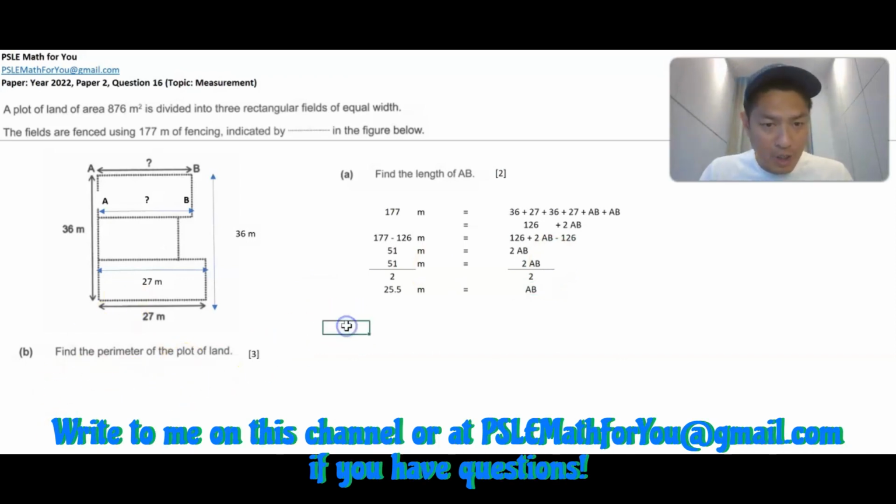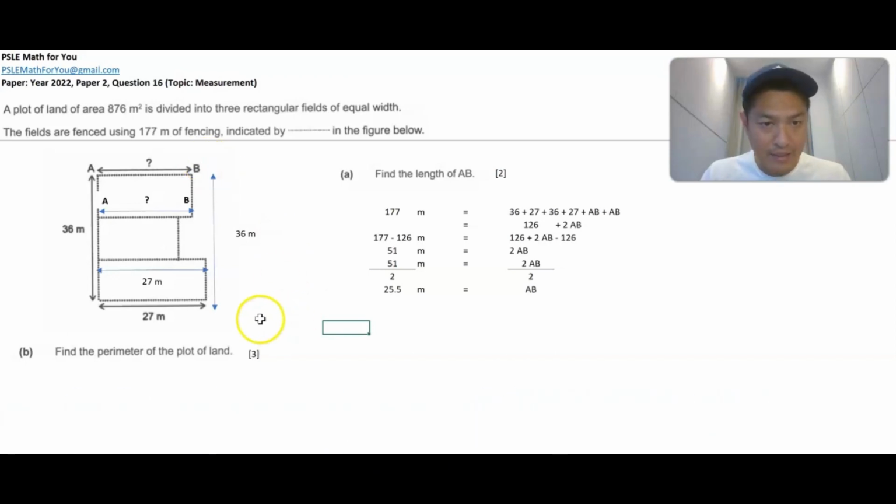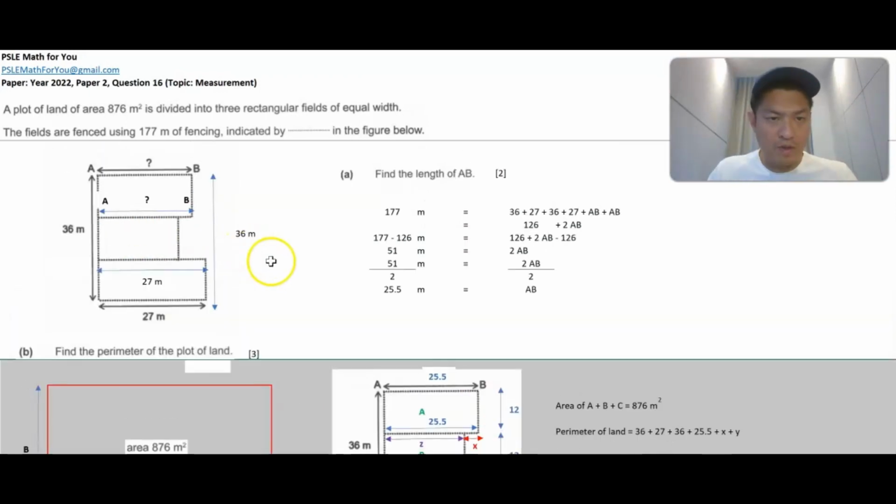The next part of the question says, find the perimeter of the plot of land. Now, what is a perimeter? Perimeter is the outer measurement of any surface. So with that in mind, let's see how I would tackle this question.